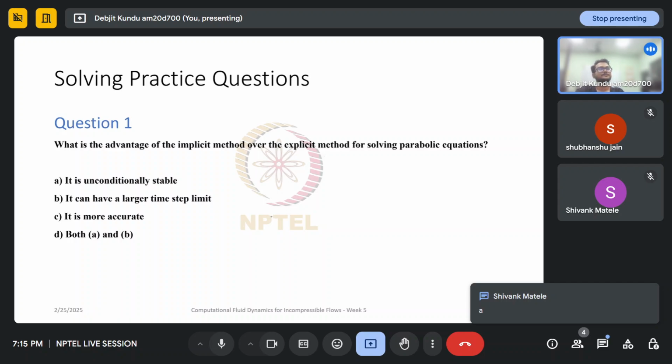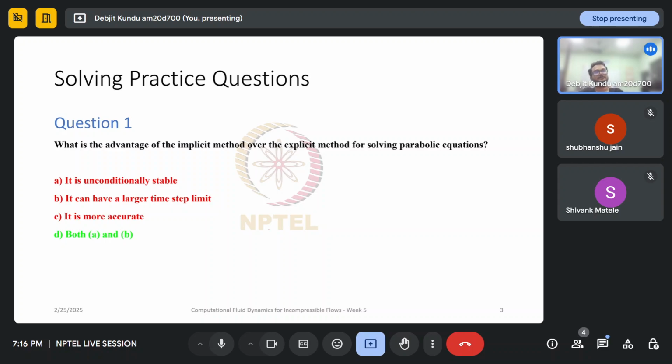Okay, we have a response in favor of option A. Let's see what others have to say. Okay, we have another response in favor of option C. Let's take a look at the solution.